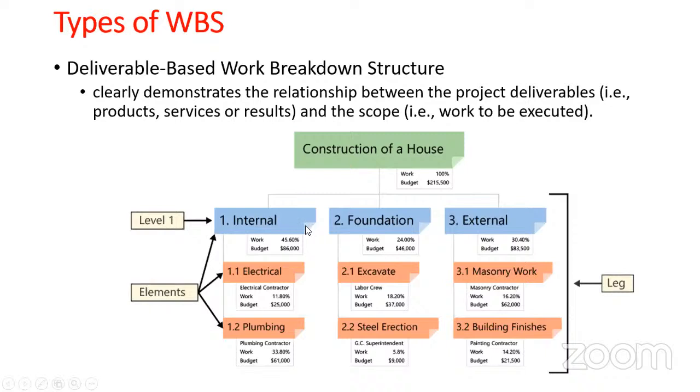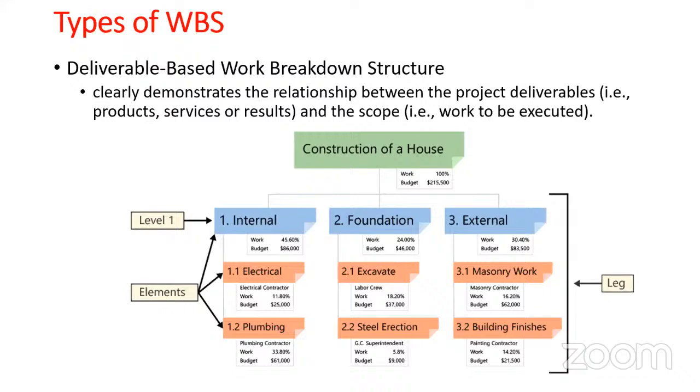Then level 2, which now these levels are not telling you all of the elements of each of these phases of the WBS. So you have your 1.1, 1.2, and it keeps going down. So perhaps this is the least level this can go.